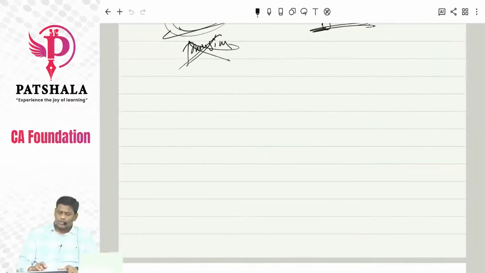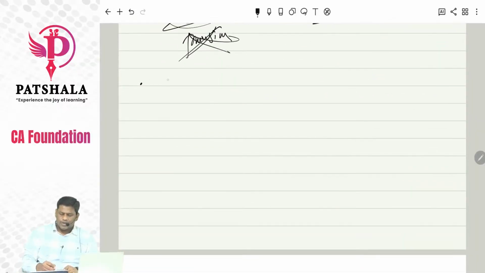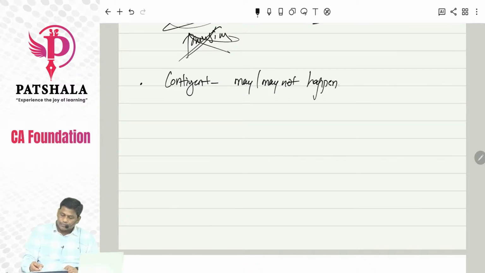Okay, if you want to see the summary, first one, contingent means it may or may not happen. It is based on past events.